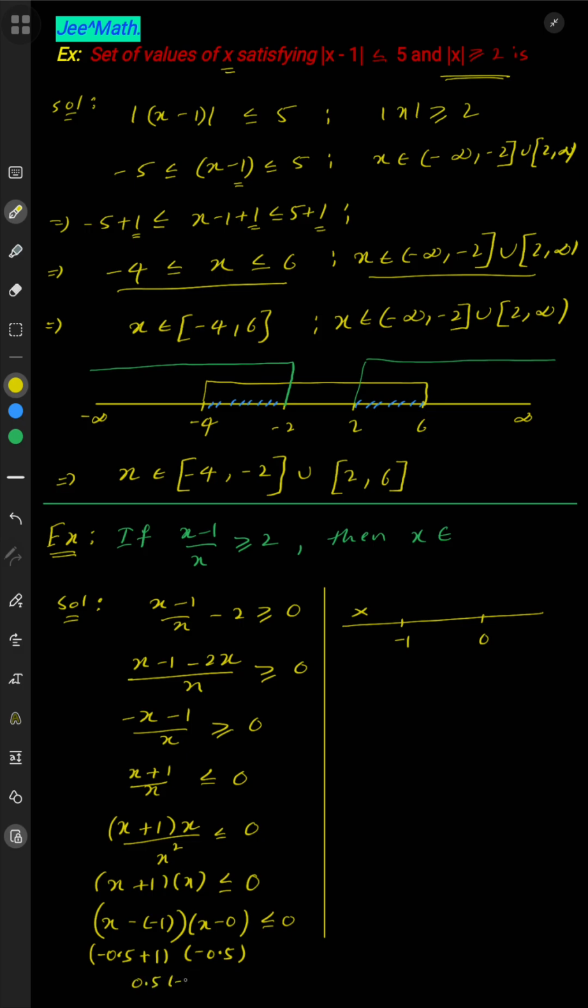Now this is what? Minus 0.5. Then getting what? Tell me. Minus 0.25. Minus 0.25 is less than or equal to 0. Right statement only. So any value lying between minus 1 and 0 can be taken.